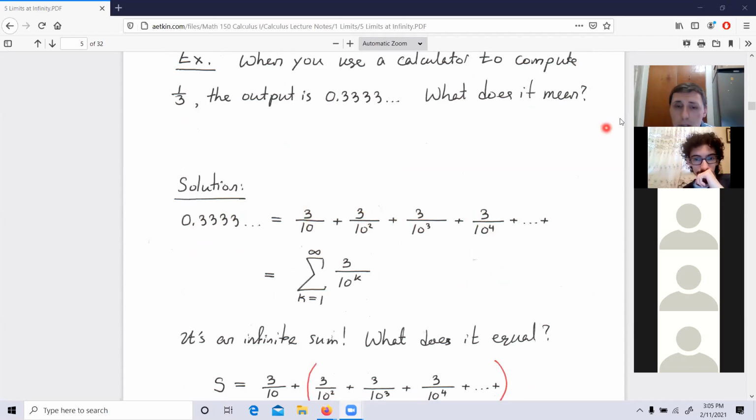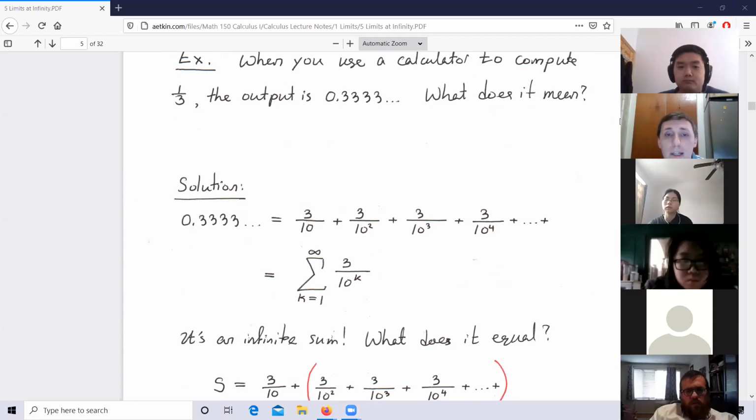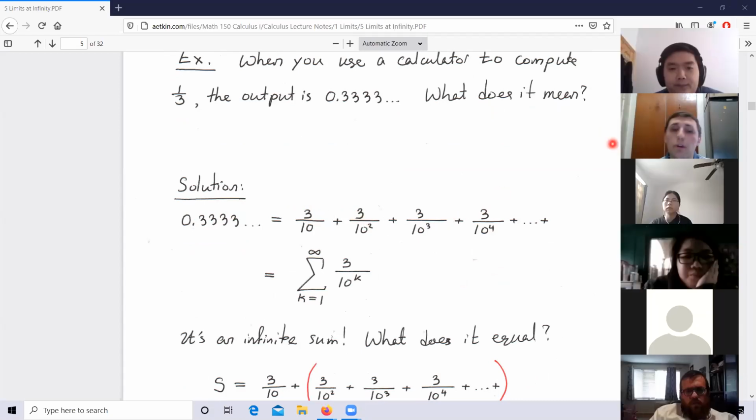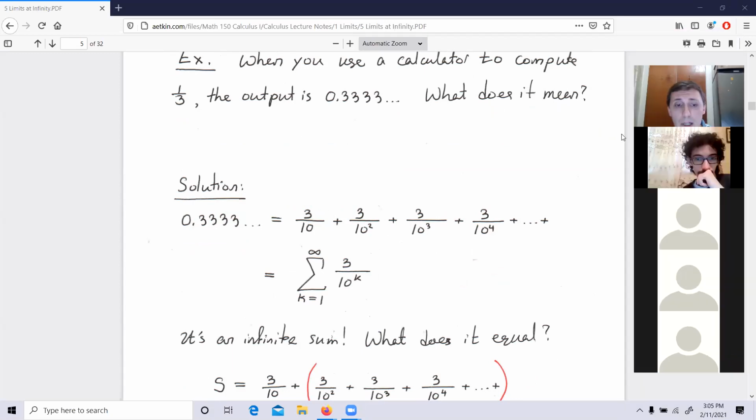So when you see those fractions on your calculator, what it represents is an unending sum, forever. It's claiming that 1/3 is the same as 3 divided by 10 plus 3 divided by 10 squared plus 3 divided by 10 cubed and onwards. Clear? Let's try to verify that it's indeed the case, just like we did for my previous question. Okay, let's look at it.